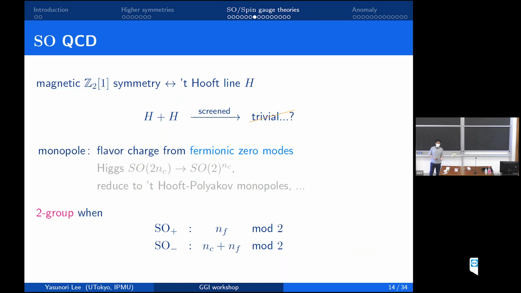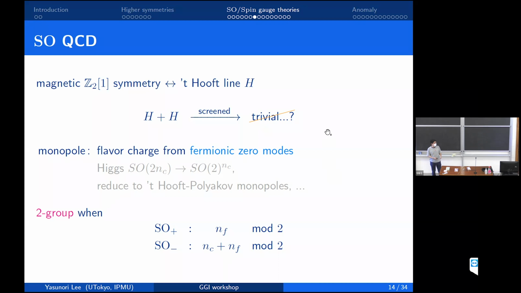So let's try to do the same thing in the SO QCD case. This time we have magnetic Z2 one-form symmetry, and the corresponding line operators are 't Hooft lines. Again, if you don't care about flavor at all, two 't Hooft lines fused together can be screened away by a dynamical monopole, as you know. However, it is well known that magnetic monopoles can acquire non-trivial flavor charge due to quantization of fermionic zero modes.